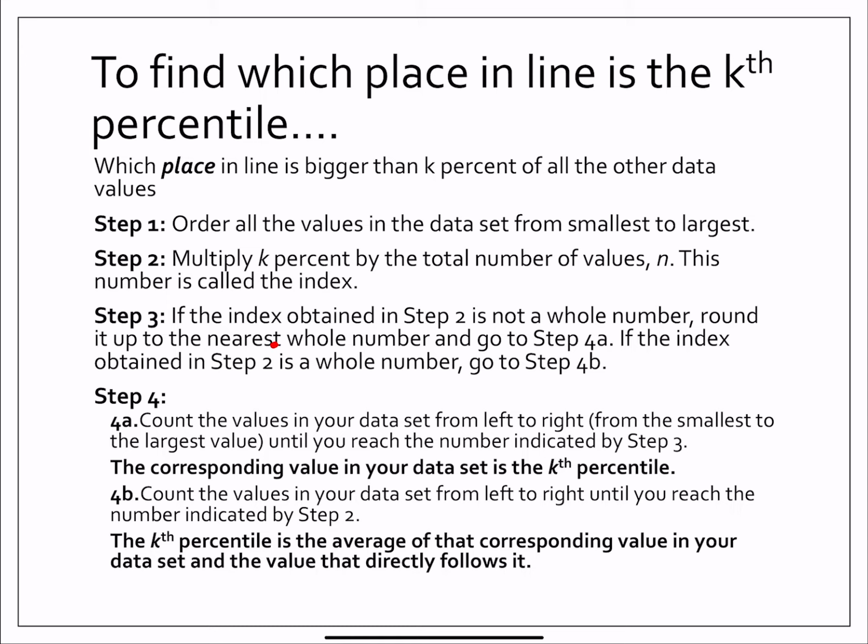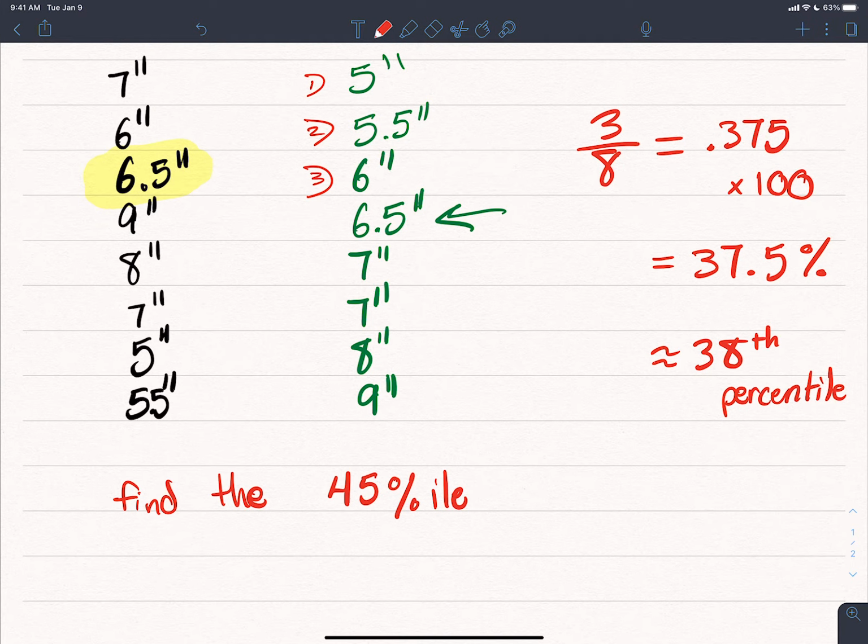So we need to find what the index is. That's step 2, find the index. So multiply k%. And again, since we're finding the kth percentile, think about what percent we need to find. We need to find the 45th percentile.